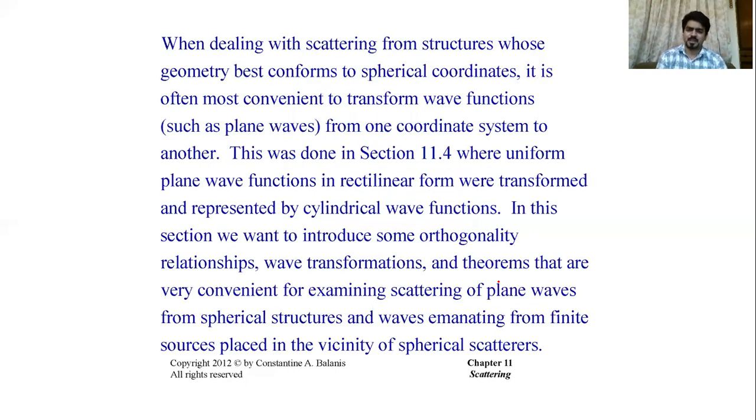So, again the same thing: whenever we have some kind of radiating element, usually what we do is we put that radiating element at the origin, right? However, when we talk about the scattering from any structure, what we do is we displace that line source or any other radiating element from the origin, and we place our scattering object at the origin.